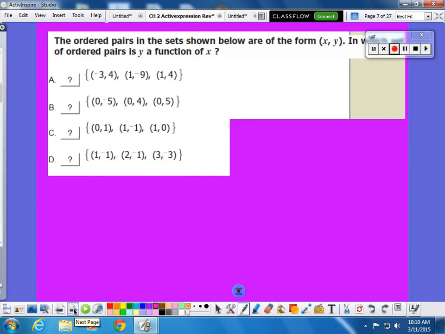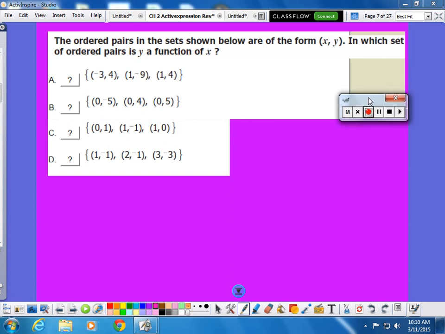The ordered pairs in the set below are in the form x, y. In which set of ordered pairs is y a function of x? That's saying which one's a function. What keeps a set of ordered pairs from being a function?